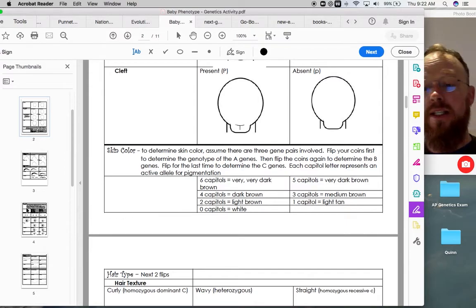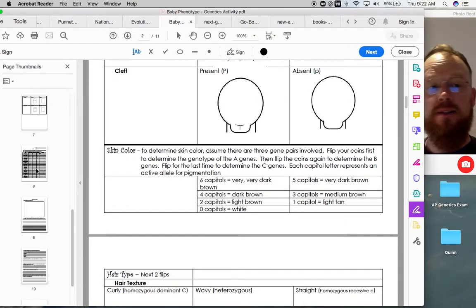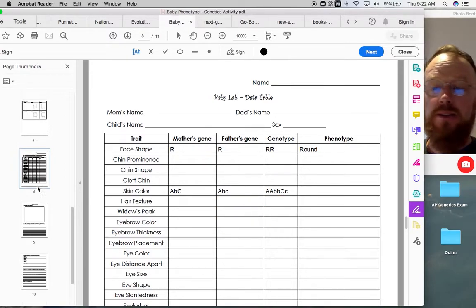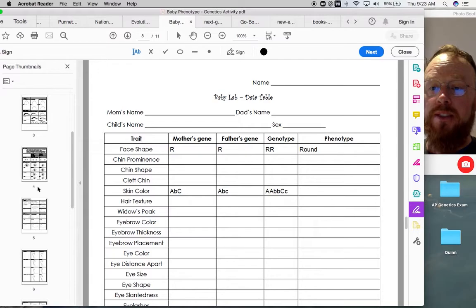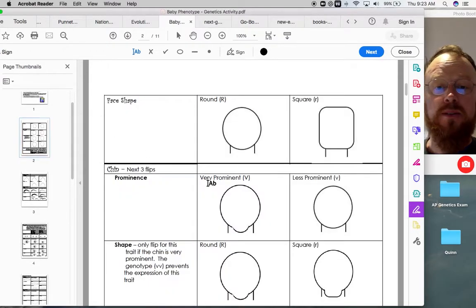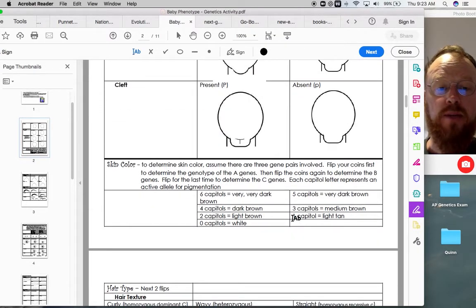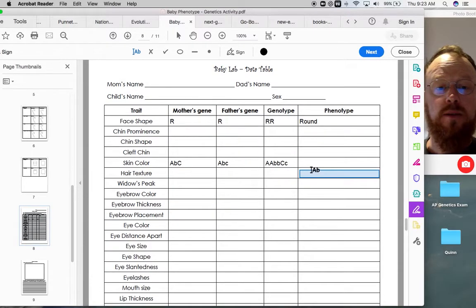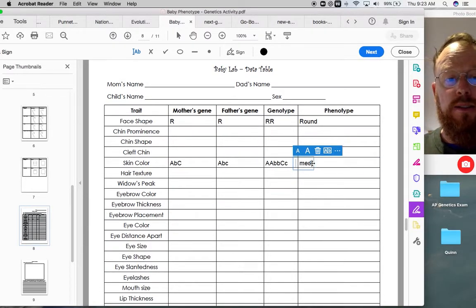So let's see, what did we get on page 8? Turns out we have 1, 2, 3 capital letters. Okay, so back we go to see what that determines about skin tone. 3 capital letters, medium brown skin tone, so that becomes our phenotype. And we write that there, right?